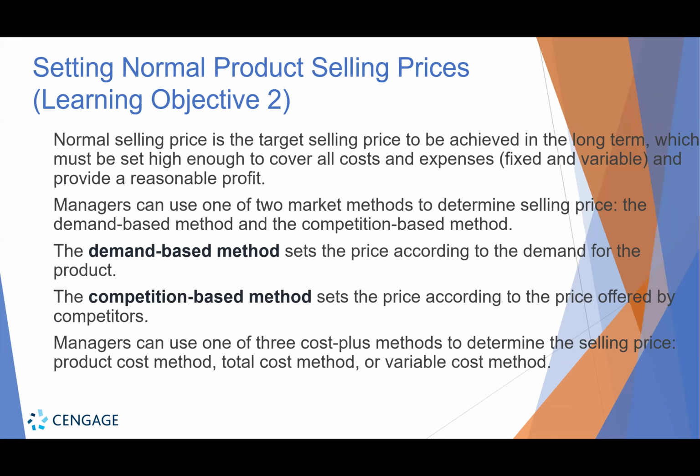So, setting normal product selling prices. Normal selling price is the target selling price that we want to achieve. So we want to make money, we want to cover our costs, and this is where we aim to go. Managers can use one of two market methods to determine selling price: the demand-based method and the competition-based method.